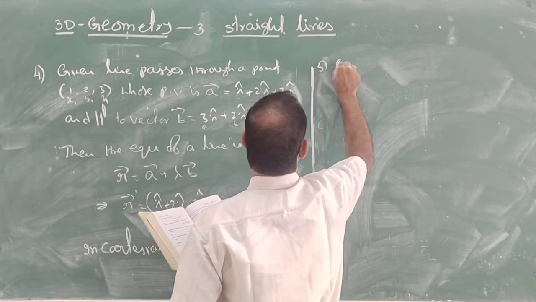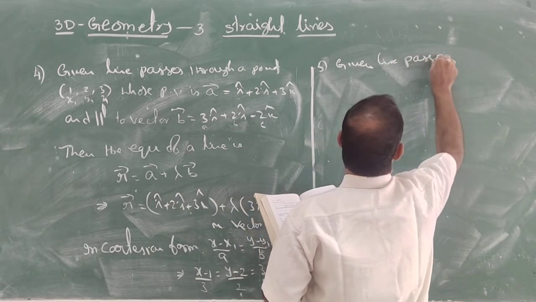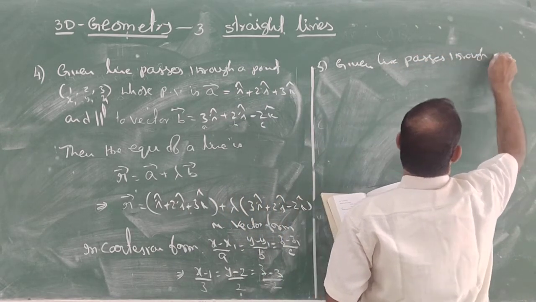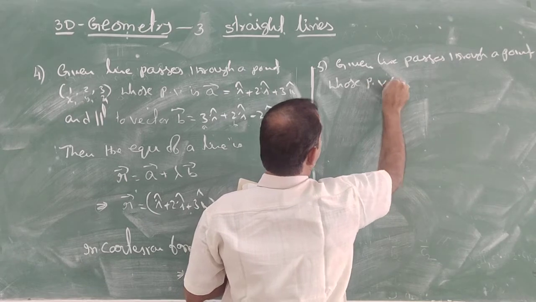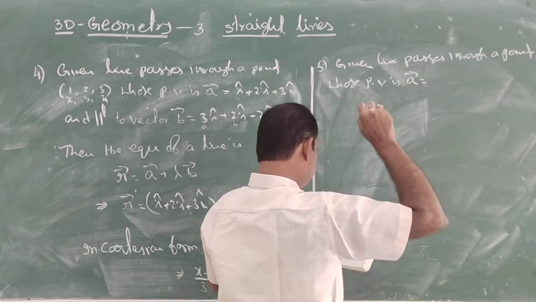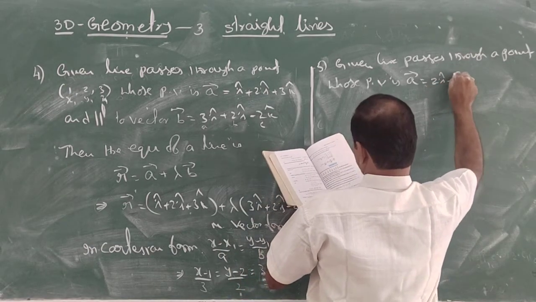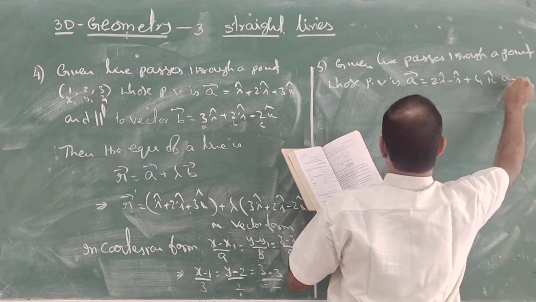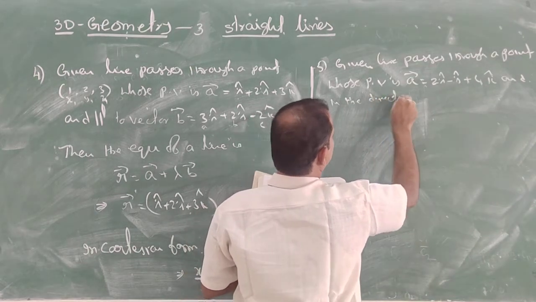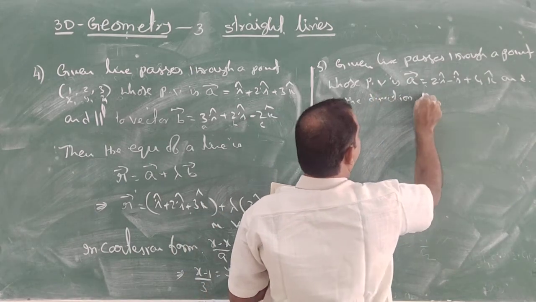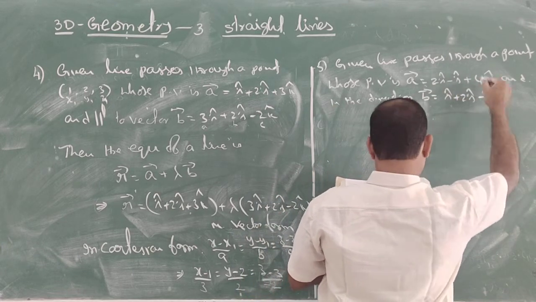So fifth one, given a line passes through a point whose position vector is 2i minus j plus 4k, and in the direction, meaning parallel, b is equal to i plus 2j minus k.